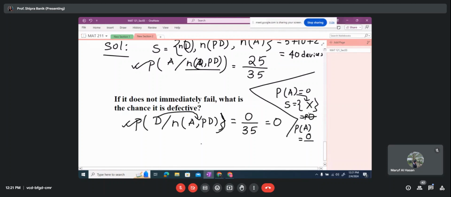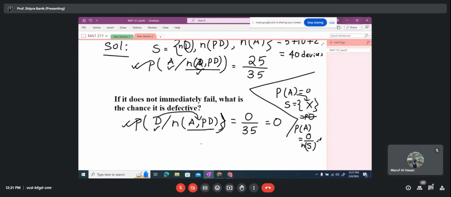And I say the null set probability is always 0 over the number of S. The same thing happened here, because D is not present. Before, A was present, this is the reason it was 25 out of 35. But do you think D is in our space?